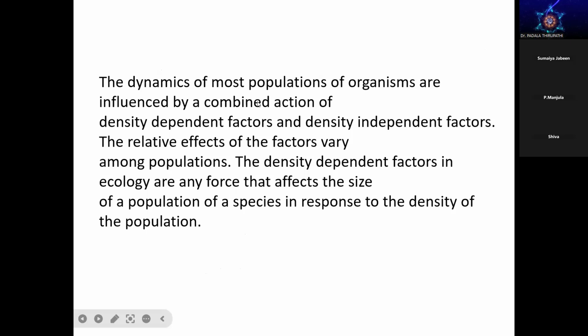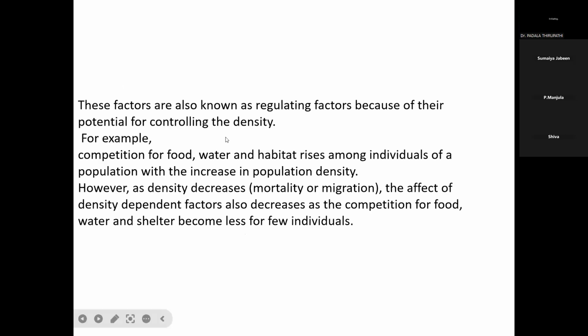The dynamics of most populations of organisms are mainly influenced by the combined action of density dependent factors and density independent factors. Density dependent factors in ecology are any force that affects the size of the population of a species in response to the density of the population. These factors are also known as regulating factors because of their potential for controlling the density.